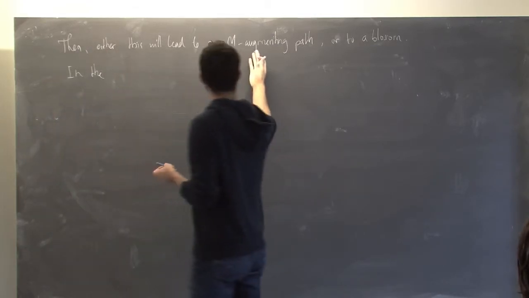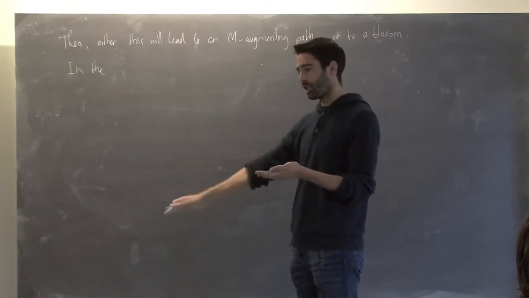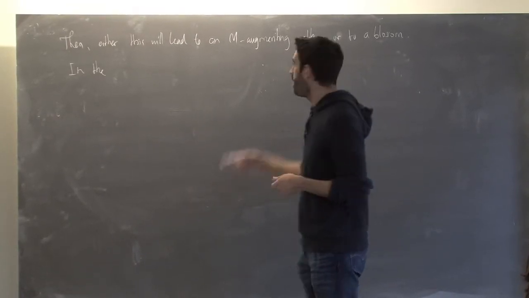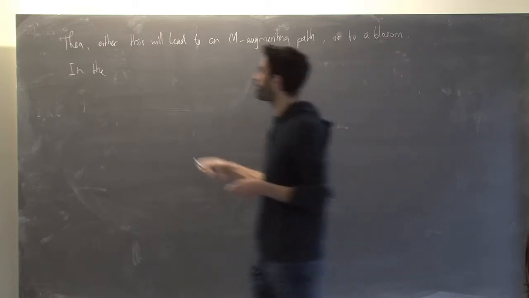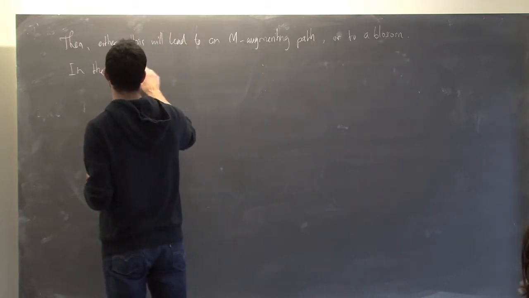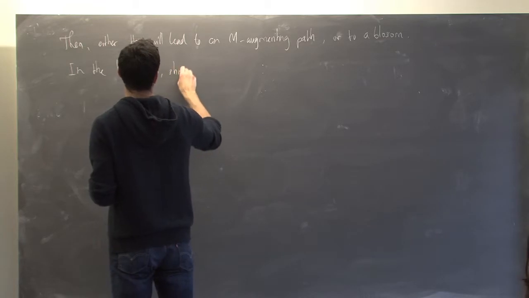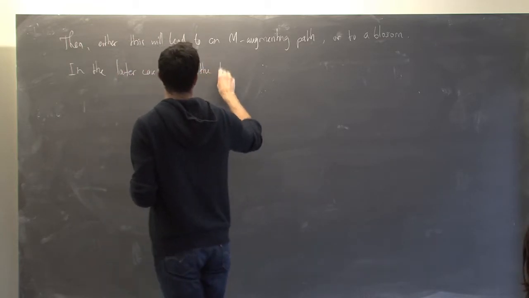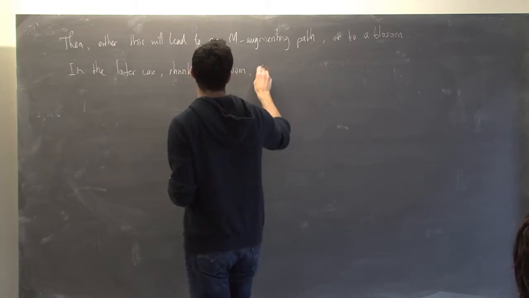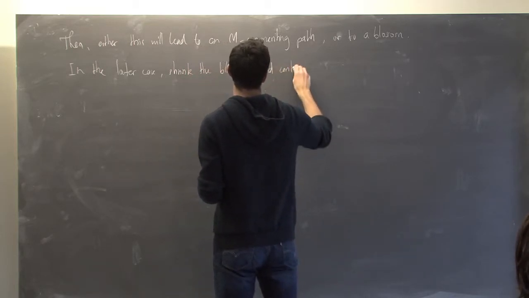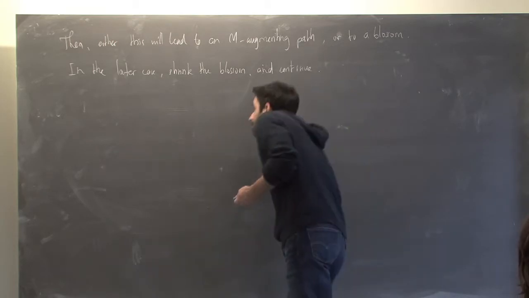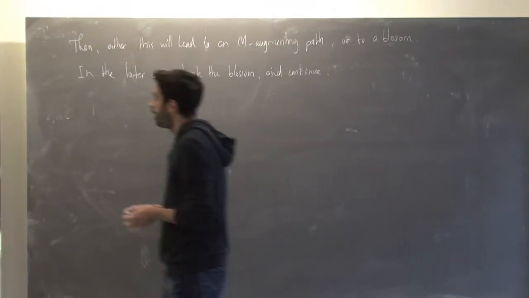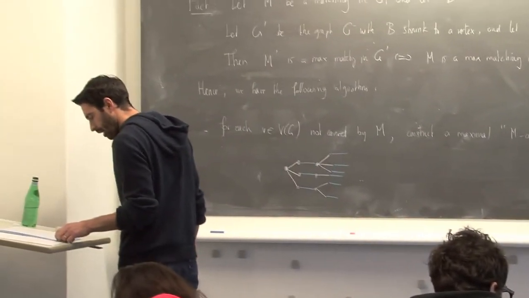So if you found an augmenting path, you're happy, you just change everything along this path and you run it again. If you find a blossom, you shrink the blossom and you run on the graph where you have shrunk the blossom. In the latter case, shrink the blossom and continue. And so it's a fact, I'm not going to prove it, that this works.